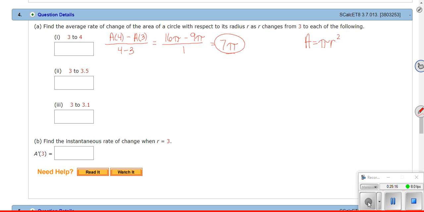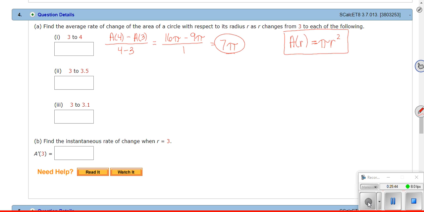Does that make sense? So you're literally finding, maybe I should change how I write the area here. This is area with respect to radius equals pi r squared. So you're finding the area with a 4 radius minus the area with the 3 radius over the difference in radius, because again, rate of change is just slope.